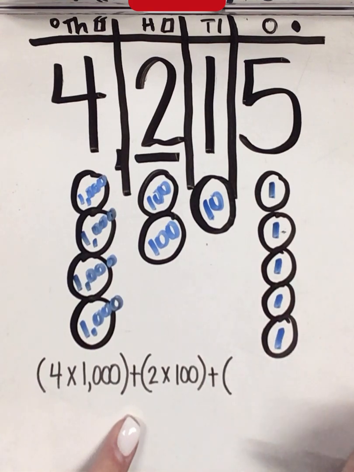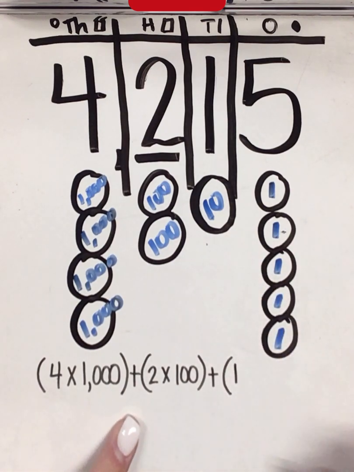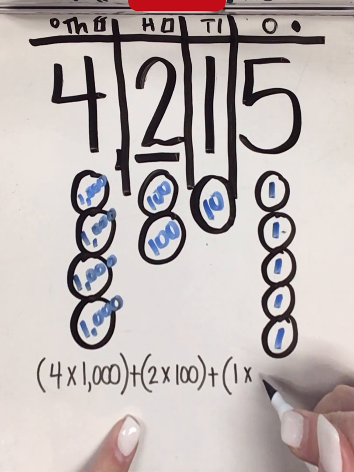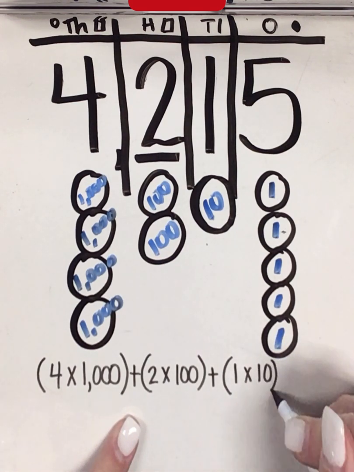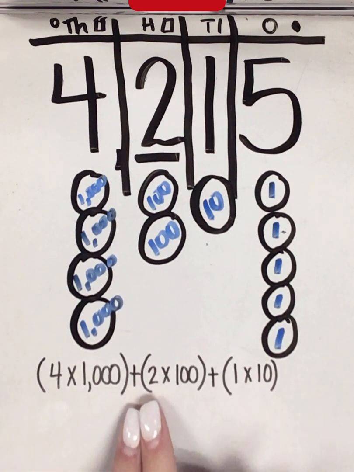I'm opening my parentheses because I'm starting the next place in the place value chart. So how many tens do we have? We only have 1 10. So we're going to multiply it by the value, and the value is 10. So this tells me I have 1 10. This tells me I have 2 100s.